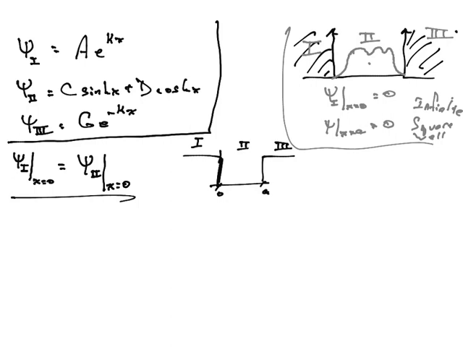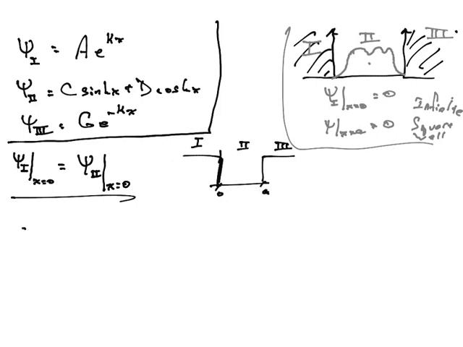Okay? There's a second condition, which we didn't worry about for the infinite square well because we didn't need to. The second boundary condition says that not only does the wave function have to be equal at the boundary, but the derivative of the wave function has to be equal at the boundary.